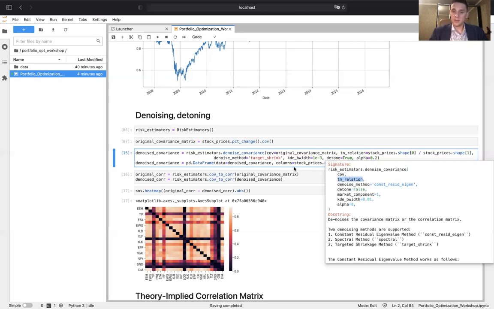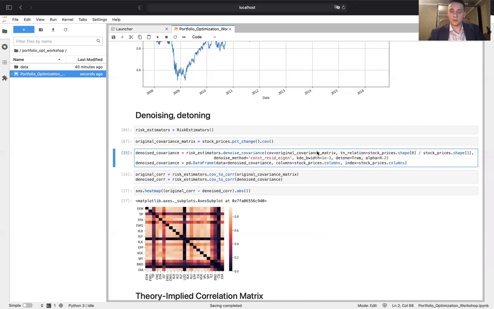So let's take a look at how the constant residual eigenvalues method works. We use covariance matrix, Tn relation, and let's specify alpha here. As we have discussed, alpha does not play any role in our constant residual eigenvalue denoising algorithm. So detoning equals false.